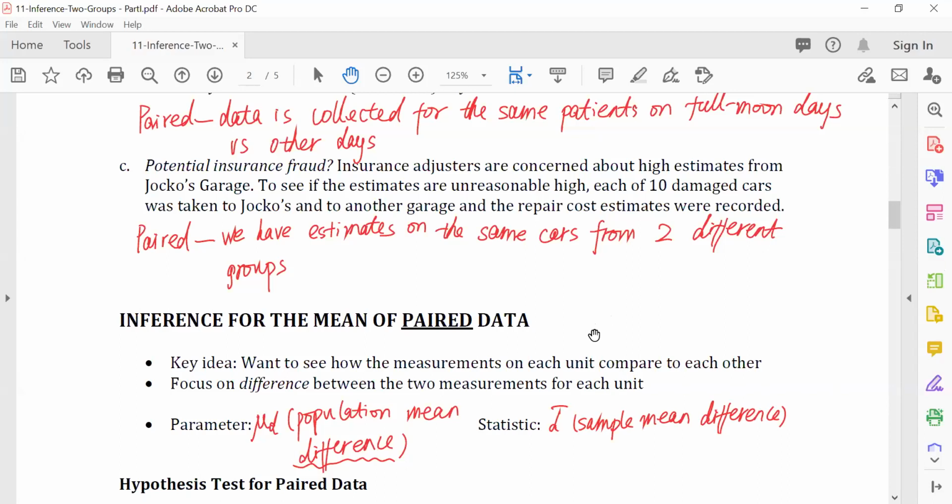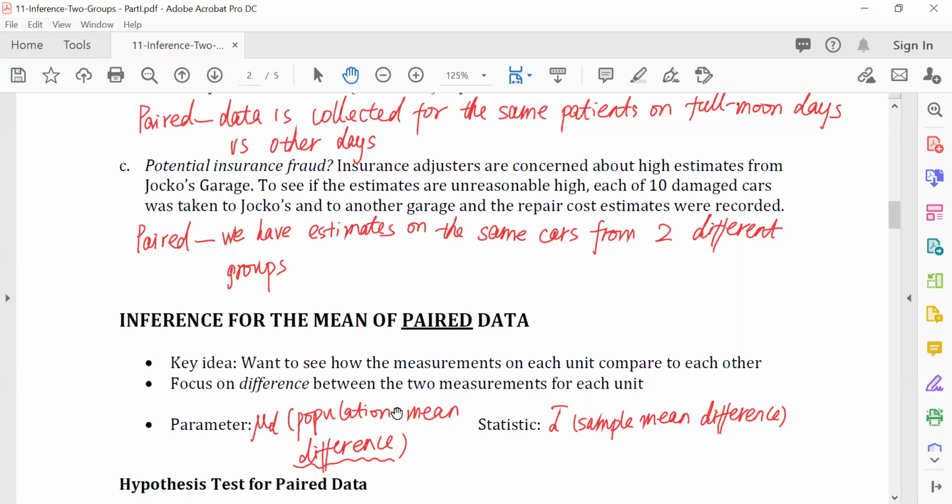Actually, in many textbooks and also in your textbook, they are not talking about this paired data as inference of two groups. They are talking about it under the inference for one population, which is actually right, because this is not actually from two populations. It's just you are having two groups of data. That's why I put it here.